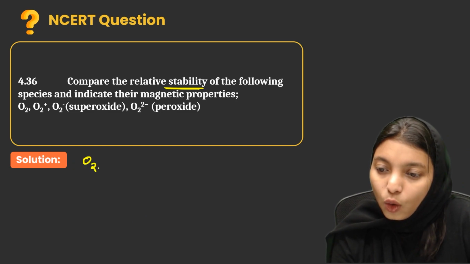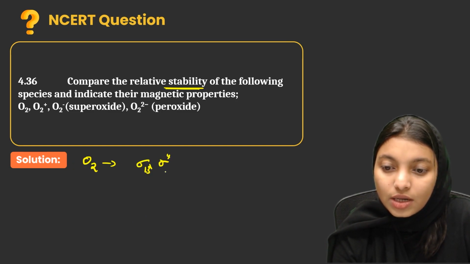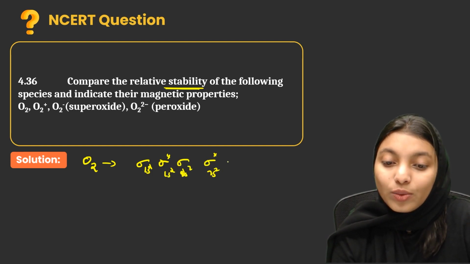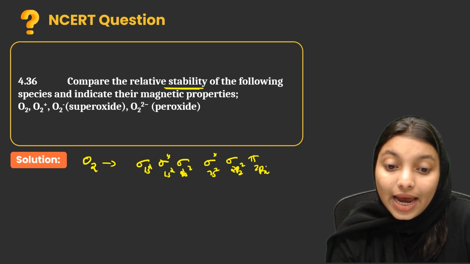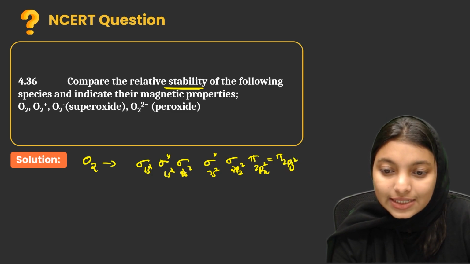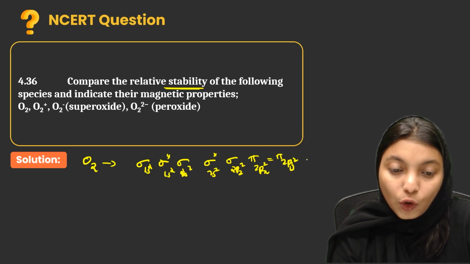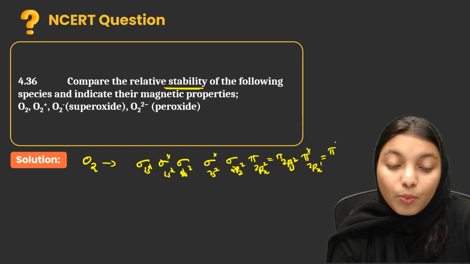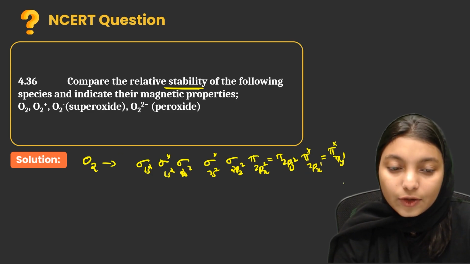For O2 we have 16 electrons, so we can write it as sigma 1s2, sigma star 1s2, sigma 2s2, sigma star 2s2, sigma 2pz2, pi 2px2 equal to pi 2py2, that is 2, 4, 6, 8, 10, 12, 14. Then we'll be having pi star 2px1 equal to pi star 2py1.